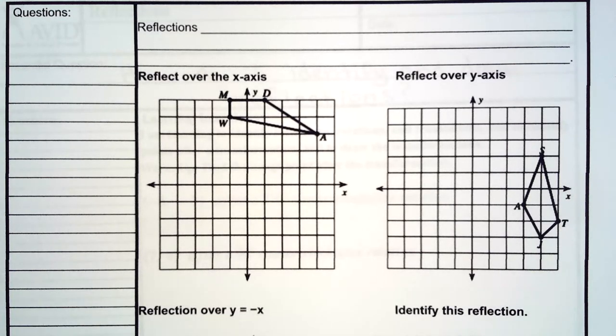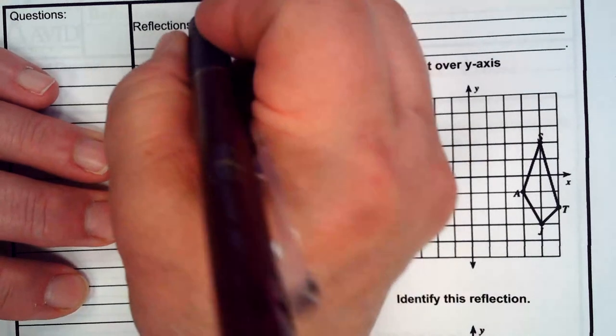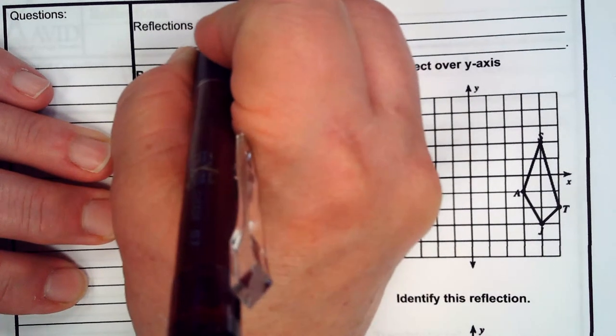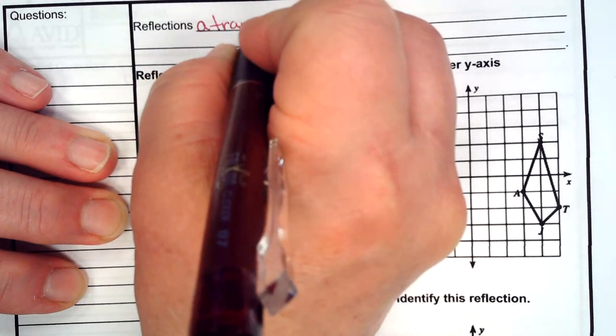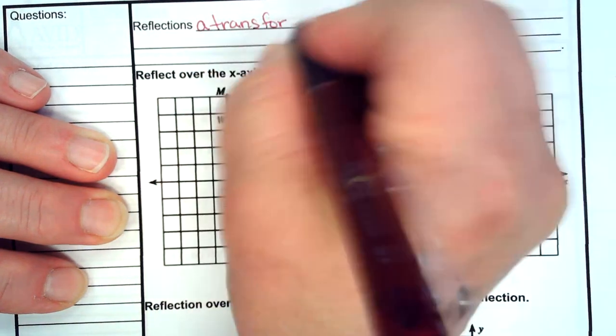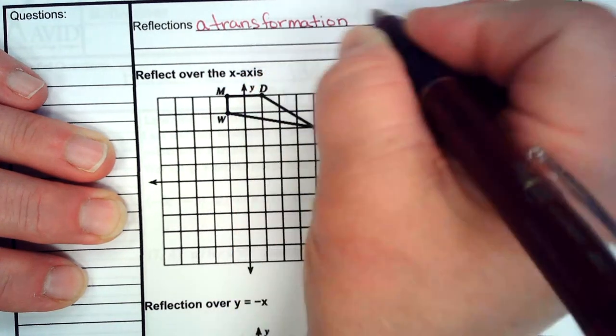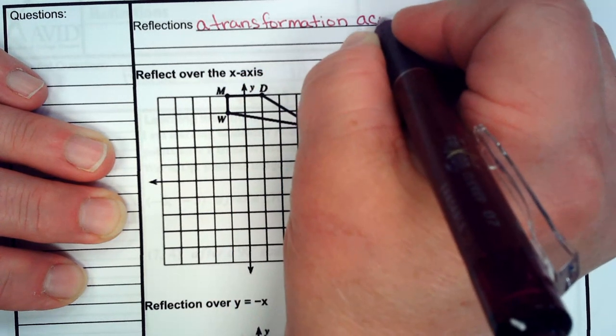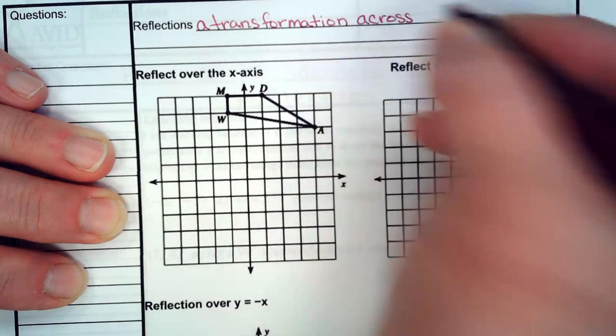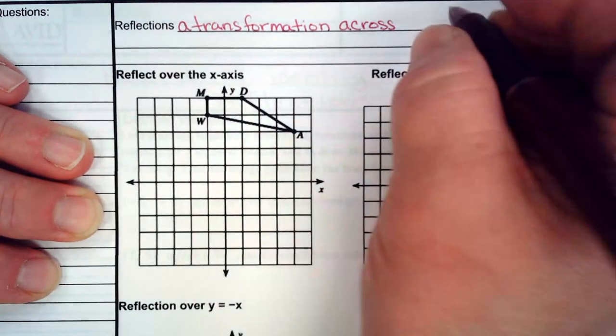So that tells you it's going to be right down the middle of those two reflections. So it's a transformation across a line. And that's the line of reflection.